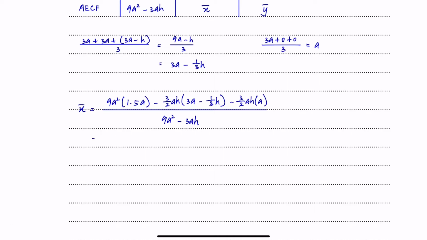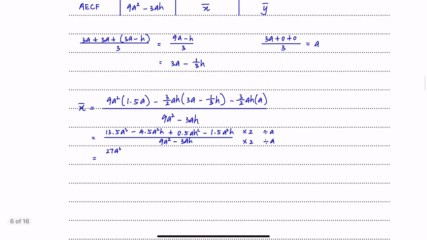So we have 13.5a cubed minus 4.5a squared h plus 0.5ah squared minus 1.5a squared h divided by 9a squared minus 3ah. So this would be 27a squared. We multiply this by 2, multiply this by 2, and divide it by a.